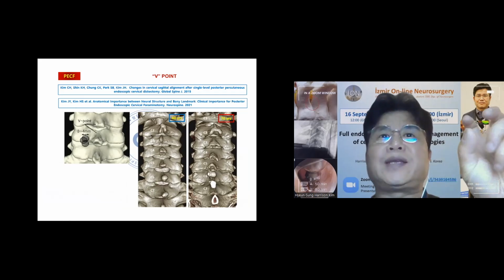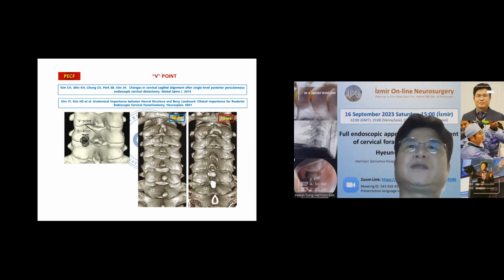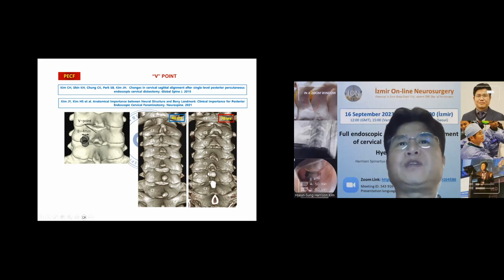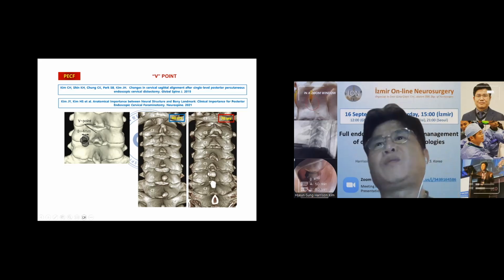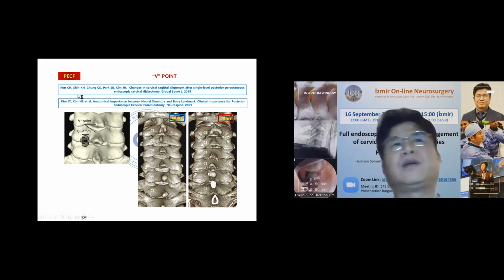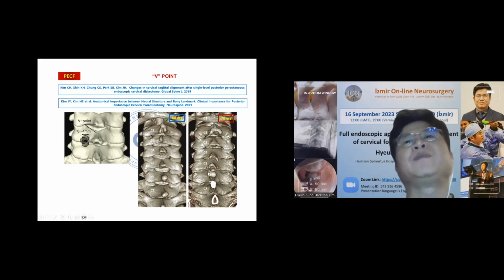Because of that, the viewpoint in younger and older patients is different. In younger patients the viewpoint is more lateral, but with age the viewpoint moves more medially. You can see this concept in the Neurospine journal.